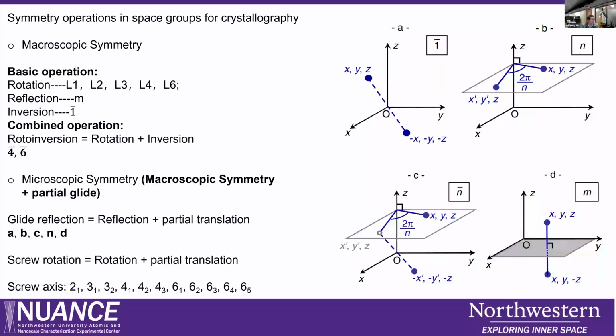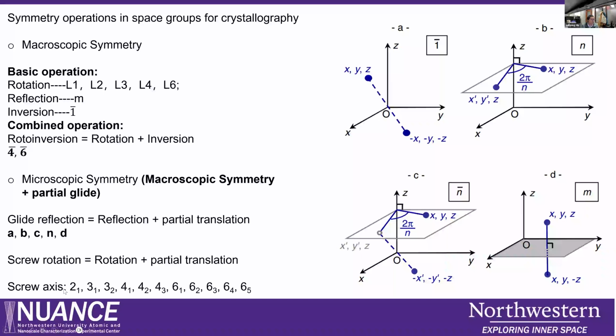If we combine this reflection and partial translation together, we get the glide reflection. This means we have the A glide plane, B glide plane, C glide plane, N glide plane, and D glide plane. Only these 5. I will show you more details on the glide plane later. Also, if you combine the partial translation with the rotation axis, you get a screw rotation axis.